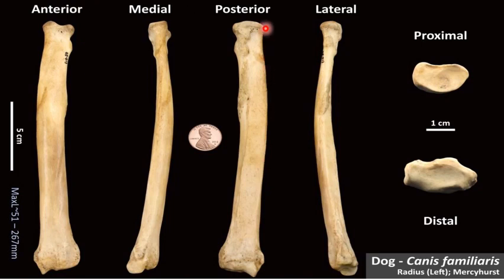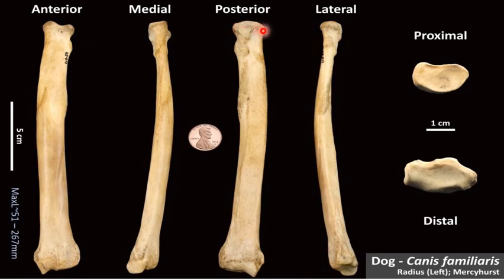The other part of the head of radius is the articular circumference, which is present at the caudal aspect of the radius bone. This is the articular circumference and it articulates with the radial notch of ulna. This articular circumference is actually a smooth osseous band, which means that it forms a joint covered by cartilage.